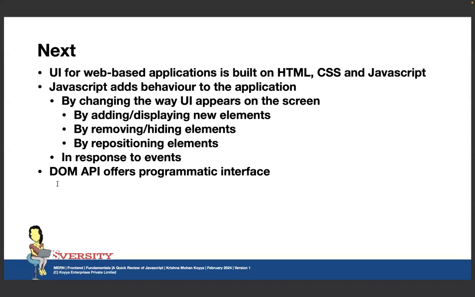This all depends on what you click, where you click, and what is going to happen with respect to the behavior. For all this to happen, you need something called the DOM API, which offers a programmatic interface to do all these manipulations like adding, displaying, removing, hiding, or repositioning the elements of an HTML DOM tree.